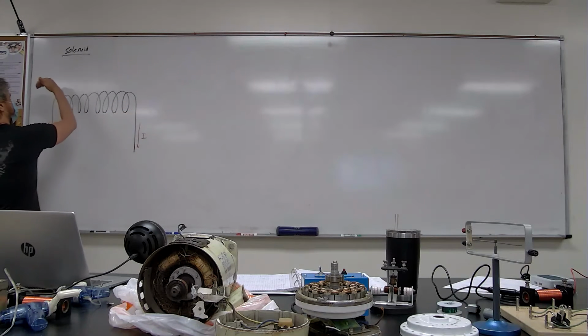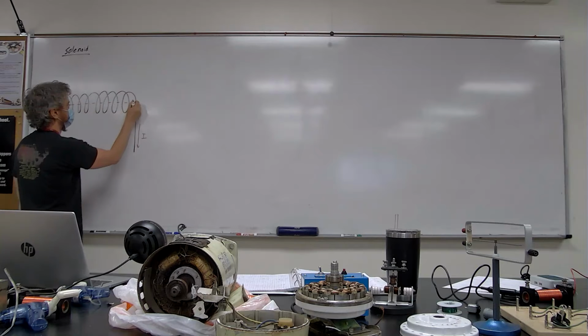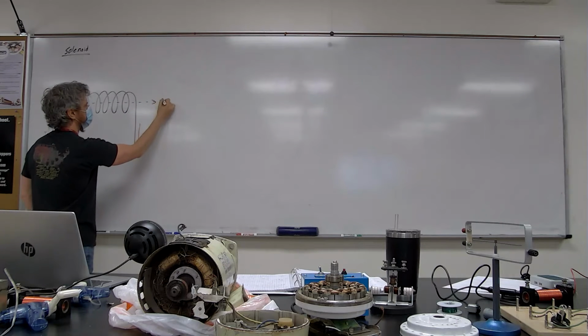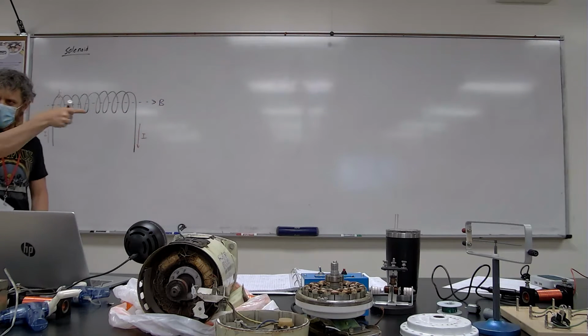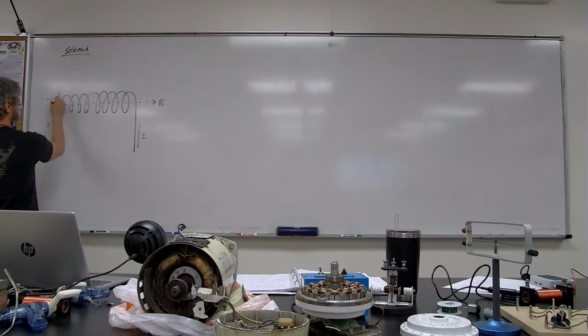Out at the top, my fingers curl around to have a magnetic field below it that points this way. If it's into the board here, then above it, it should have a magnetic field that points in the same direction, right? So if I was to draw the magnetic field exactly in the middle, it would essentially be horizontal. It would be perfectly straight. We do get little edge effects here.